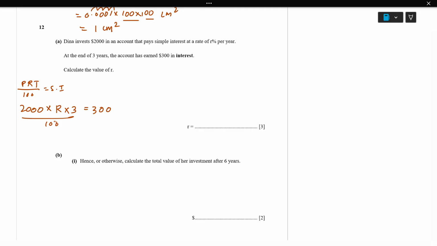Here I can cancel the zeros, because I divide 100 in the numerator and denominator, so it's gone. The rest is R equals 300 over 3 times 20. So again, the zero is gone, 6 times 30 is 5. So R equals 5 is the answer here.